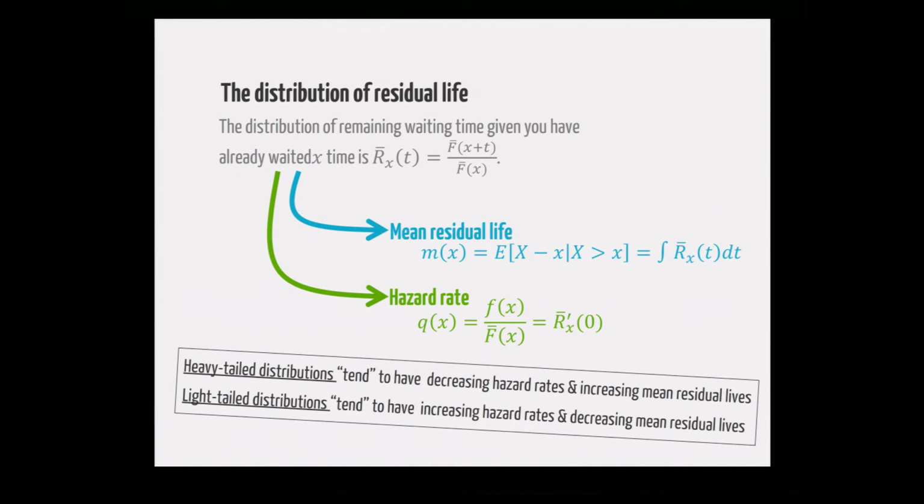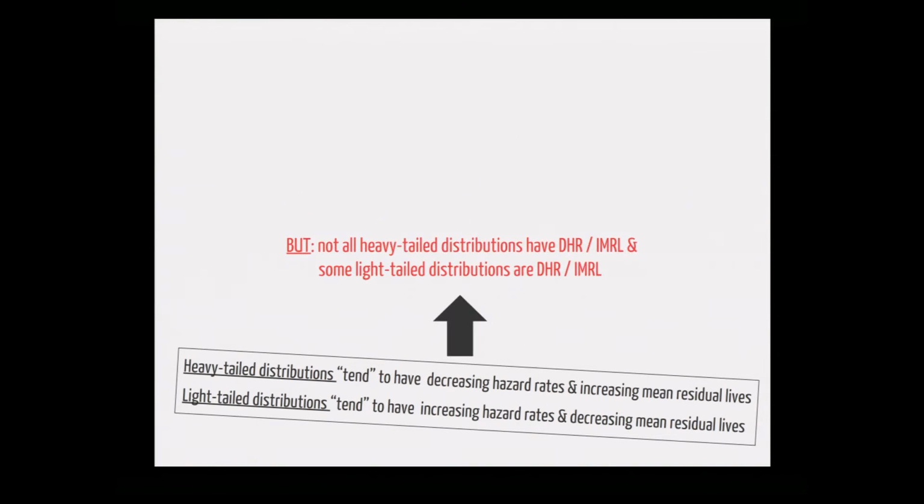And people often think this is a one-to-one, but for the most part, heavy-tailed distributions tend to be decreasing hazard rate, increasing mean residual life, and light-tailed distributions tend to be the opposite. These are properties that people tend to associate with each of them. It's not true that light-tailed distributions are always increasing hazard rate and vice versa.